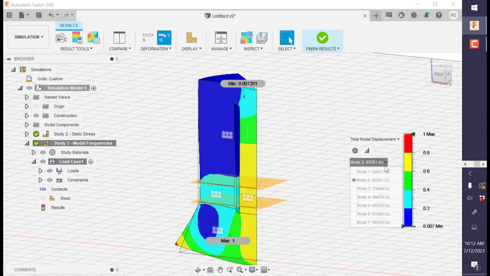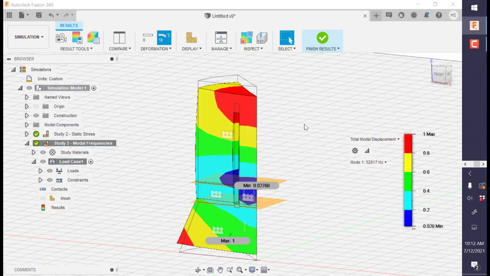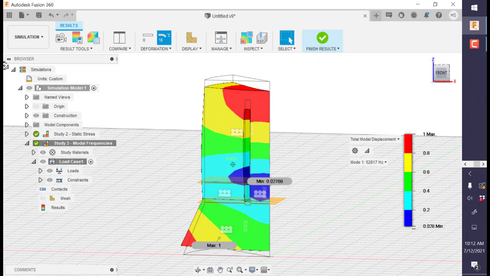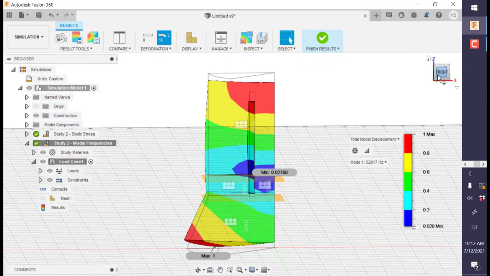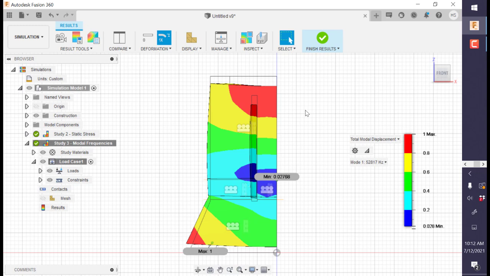Those are the modes we'll be most interested in analyzing. For this specific design, I modeled all the material as steel for this simulation. So the first theoretical resonant frequency was 52 kilohertz, and this is showing the displacement.